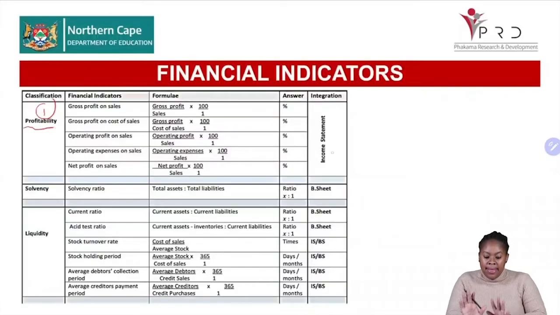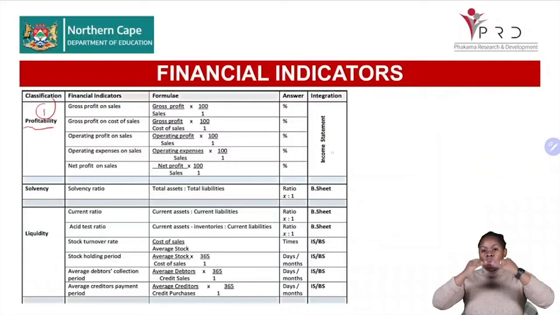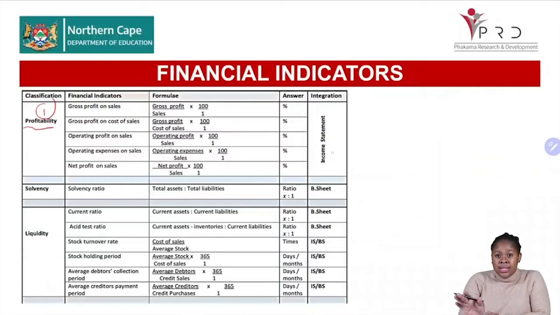And then we said that these ratios or financial indicators are very easy to remember because they actually tell you the formula. It says, for example, gross profit on cost of sales. That means your gross profit must be at the top and your cost of sales will be at the bottom. Then that is the first group.